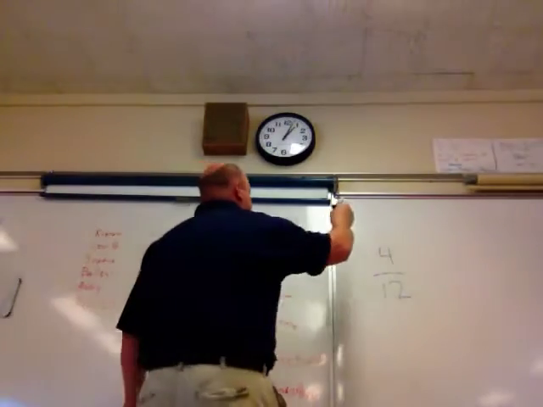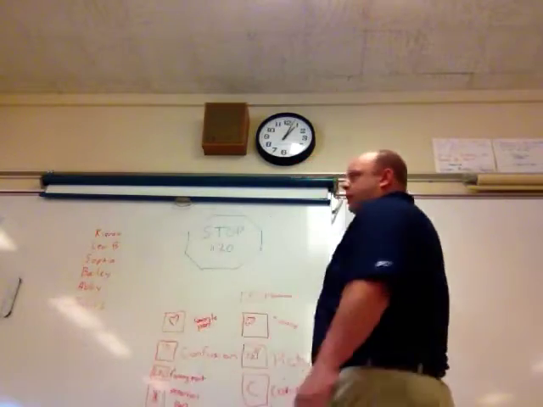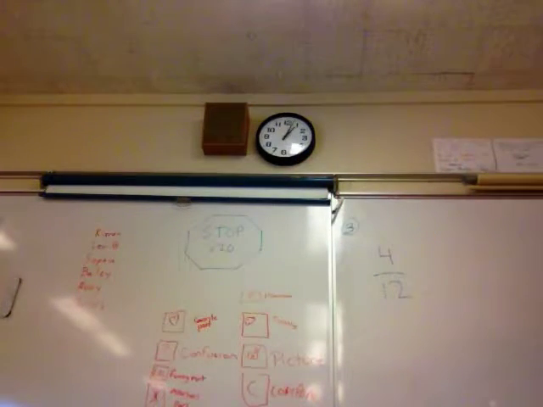If you think they can join the 3 club, you're going to come to the middle of the board. If you think they can join the 4 club, you're going to come over here. If you think they can join the 5 club, 5 club is over here. 6 will be back here. If you think they can be part of the 8 club, they're going to be back here on the wall. If you think they can join the 9 club, they're going to be over by the window. Which club can they go to? Go.